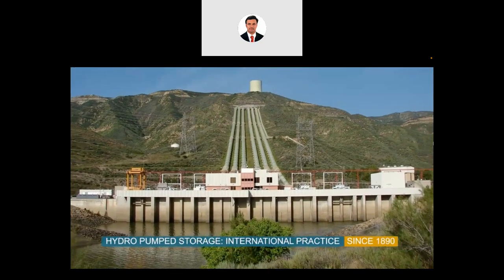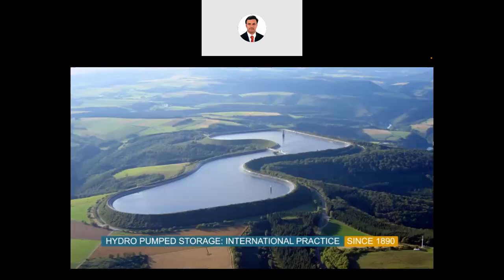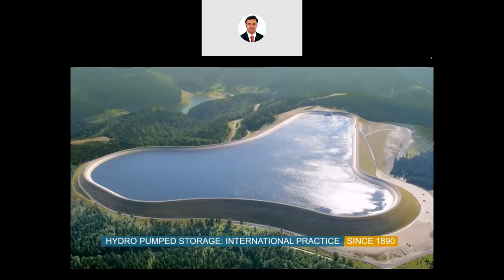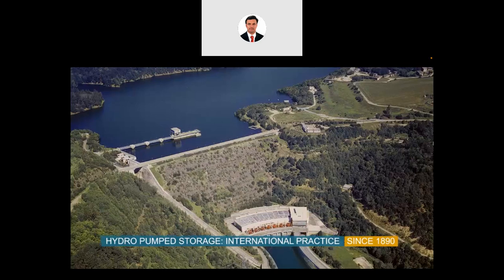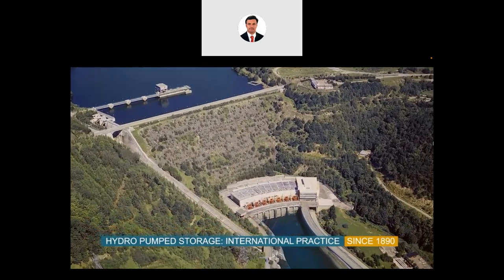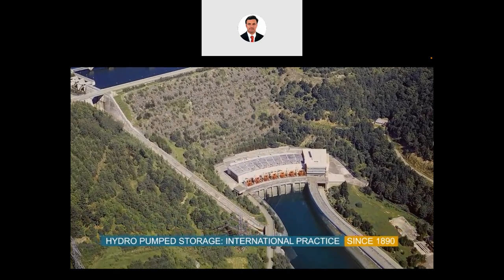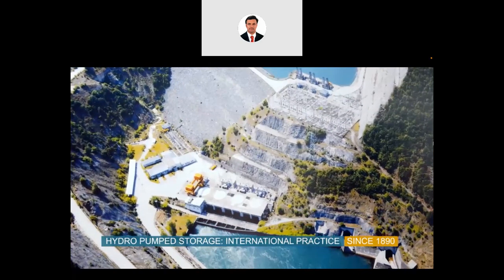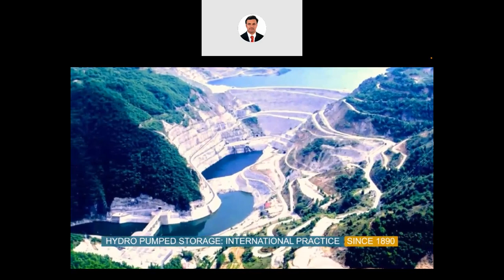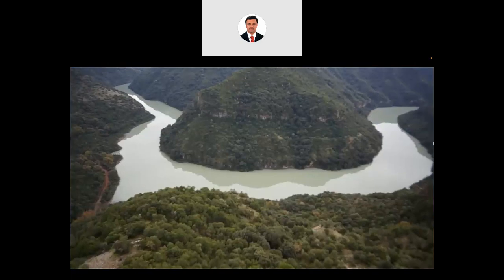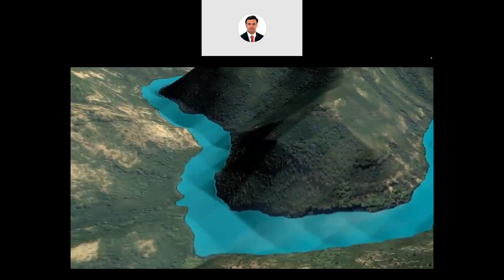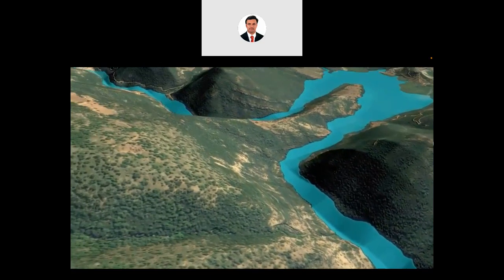Hydro pump storage is considered as the only low-cost and effective method of mass energy storage in the world. It is environmentally friendly and can be easily developed in areas where the topography and water reserves allow for it. In Greece, the Public Power Corporation has built and operates 2 such plants.